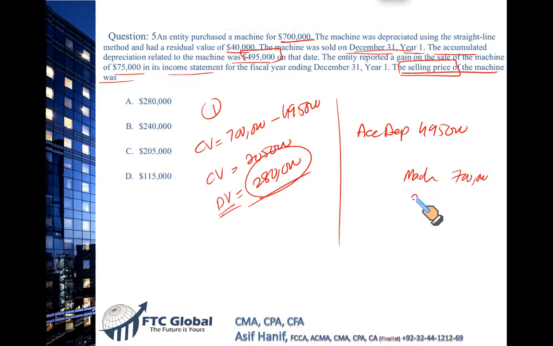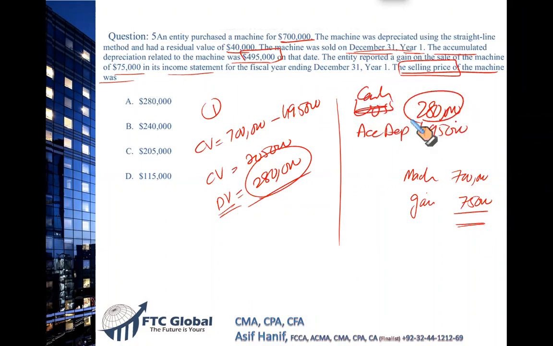There is clearly a gain given. You credit the gain, that is 75. Now, if you total the debit and credit, you will find that your debit side is short by 700 less 495 less 75. It is short by 280, and this 280 is clearly the cash received, the cash collected against the disposal.